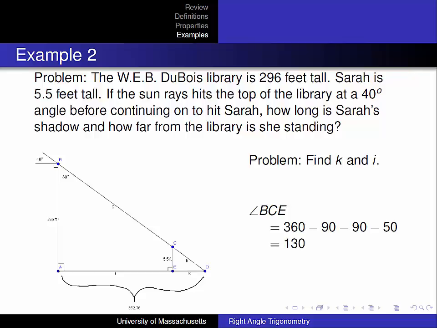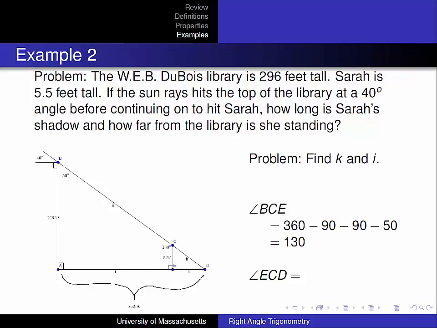So therefore I know that angle BCE is 130 degrees. You can see it labeled there by point C. Now again, if we're looking at point C, we know those 2 angles are going to add up to 180 degrees. So that tells us that angle ECD is going to be 180 minus 130, which is just 50. So again, we now have that angle there is 50 degrees.